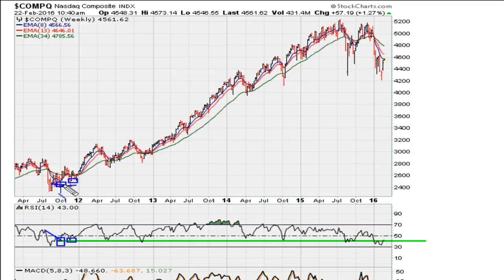So since the low here, obviously the test of this line here, double bottom test, came at a higher level, so that was a more reliable buy signal, higher level on price as it was testing the RSI.